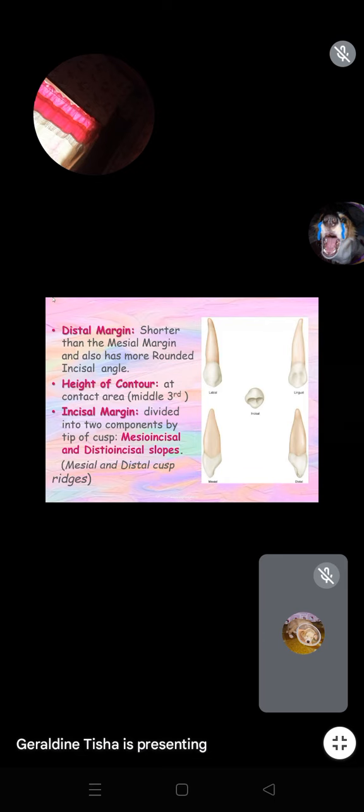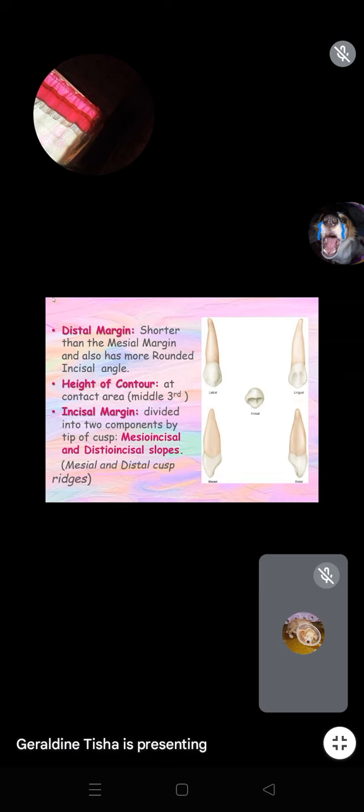Notch meaning it is not a perfect straight line; there is a certain curvature in that area. Again, for maxillary canines, the mesial slope is shorter compared to the distal slope. That's why in your carvings, make sure the slope on the mesial is shorter than that of the distal. That's one characteristic of the maxillary canine, aside from curvatures or convexities.